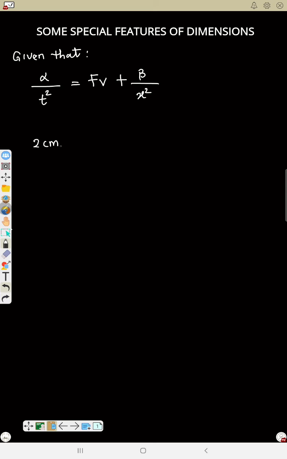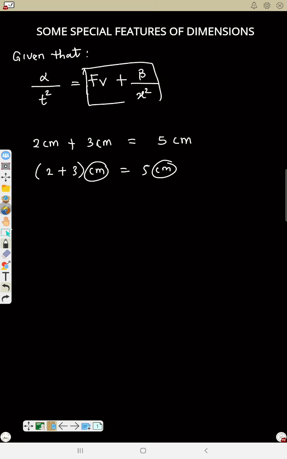So 2 centimeter plus 3 centimeter must also give me 5 centimeter, meaning I can say 2 plus 3, centimeter is common, so my result must also be in centimeter. That means if I add these two together and I know the dimension of these two, the dimension of these two quantities must give me the same dimension as the next one.